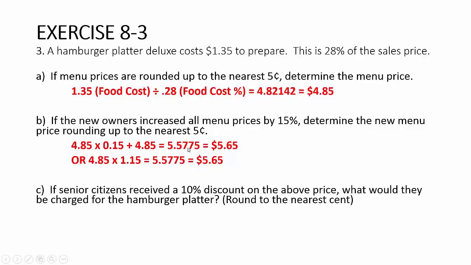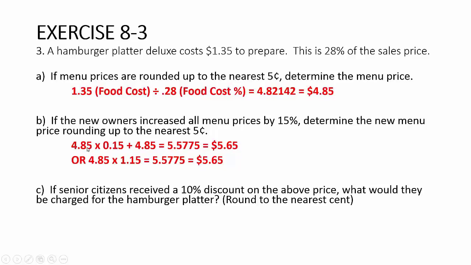Unrounded, we get $5.5775, but we need to round up to the nearest 5 cents, so that's going to have to go from $5.5775 to $5.65. Because it can't go down to 55, even though 55 is closer. We were told that it must go up.